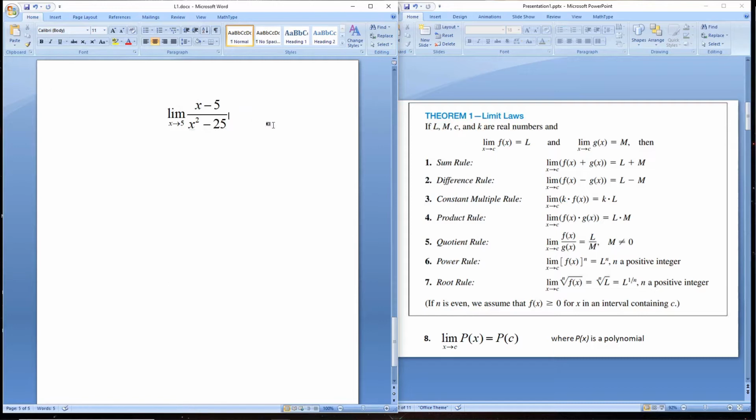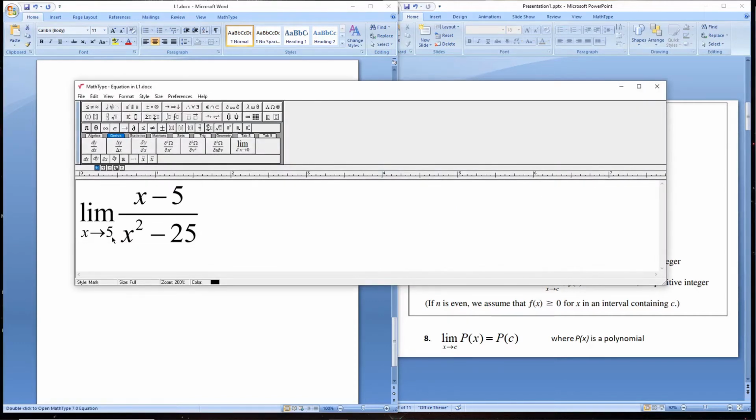So I just got done saying that the easy way to do limits, and again, you have to be careful here that you're not at a gap, but the easy way to do a limit is to simply plug the number in. So our number here is 5, and so we'll simply plug it in. And now notice what this equals.